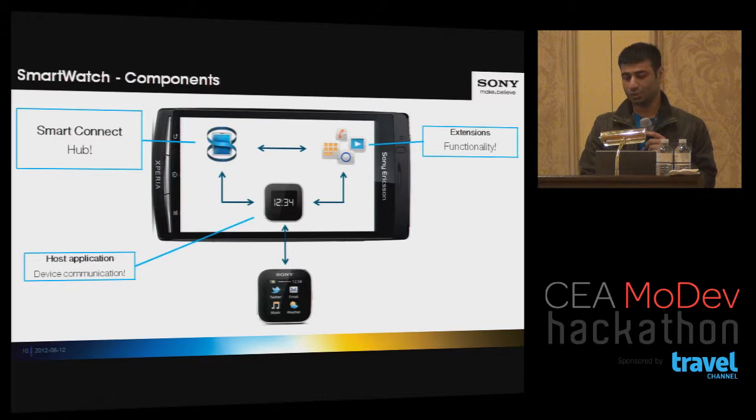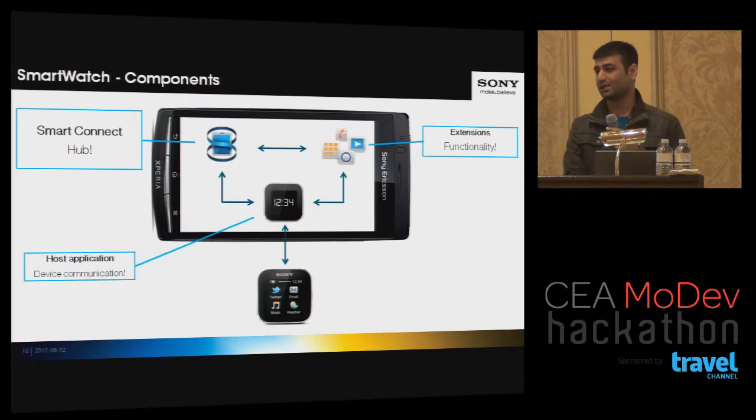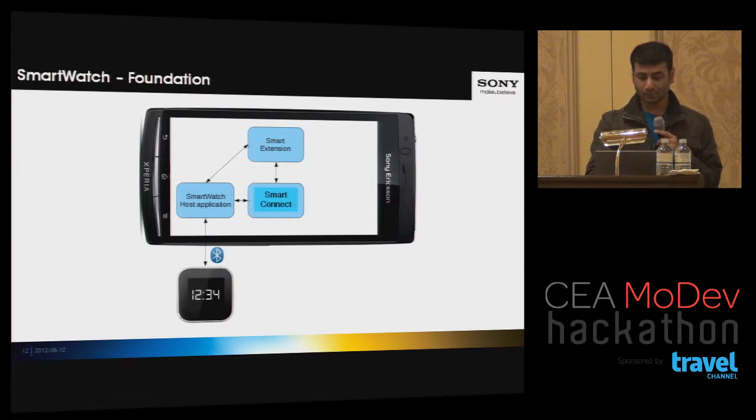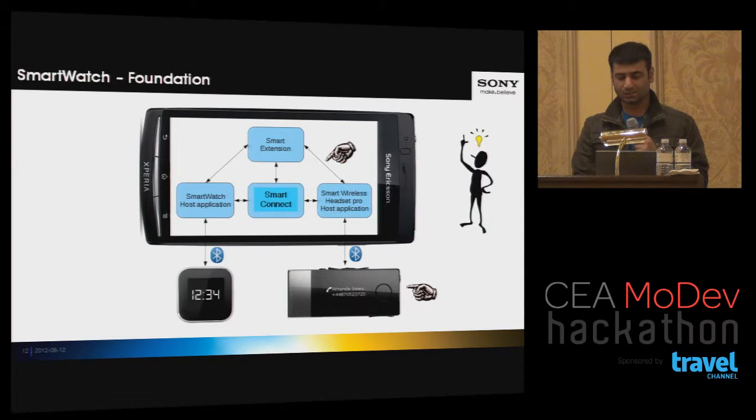The Bluetooth communication is very specific to our phones, so the host application helps you communicate. You don't have to program each and every communication between the watch and the phone. So the APIs help you to do that. And then this is the basic layout of how the smartwatch actually communicates.